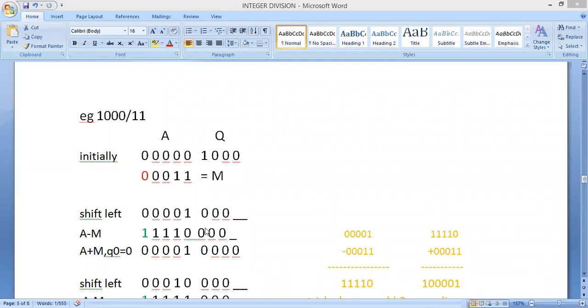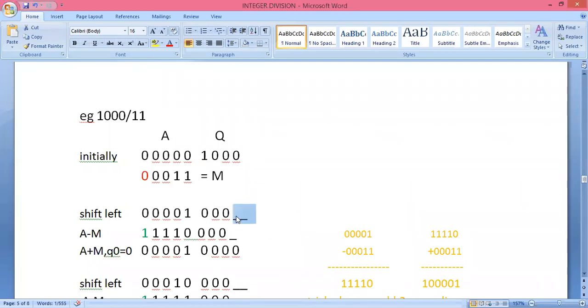Okay, so first step, what we are doing is shifting A and Q left. After shifting A and Q left, I'm getting 0 0 0 1 0 0 0. You can see that this bit is empty, and this MSB has been shifted into A. Then what is the next step?